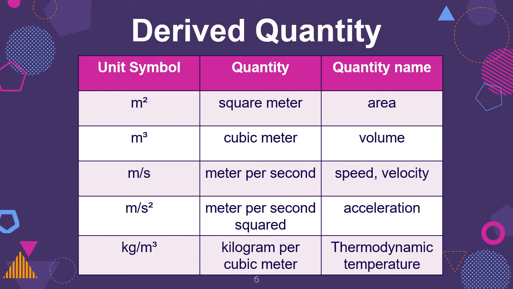Next we have meter per second squared, or m/s raised to the power of 2, and the quantity name is acceleration. And we also have kilogram per cubic meter, or kg/m raised to the power of 3, and the quantity name is thermodynamic temperature.